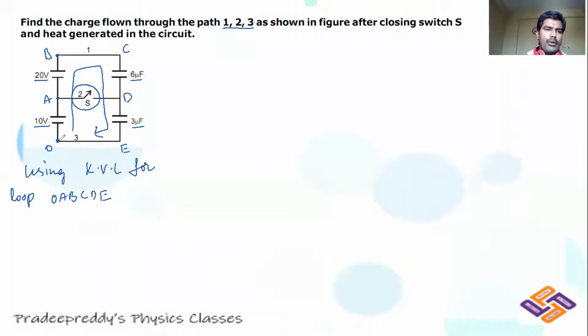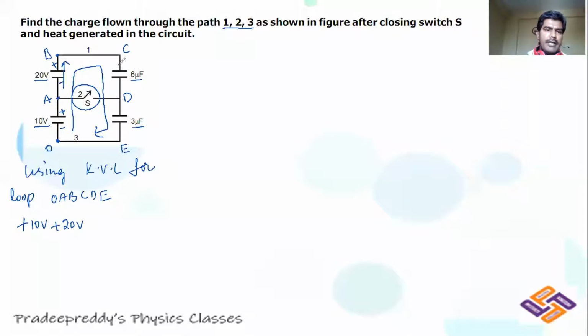Starting from O, you are going to A and this is negative terminal and this is positive terminal. You are going from negative to positive. So I will be taking plus 10 volt. Next, from A to B, you are going from negative to positive terminal. Therefore, you will be taking plus 20 volt. And coming from B to C and from C to D, there will be some voltage dropped across this.